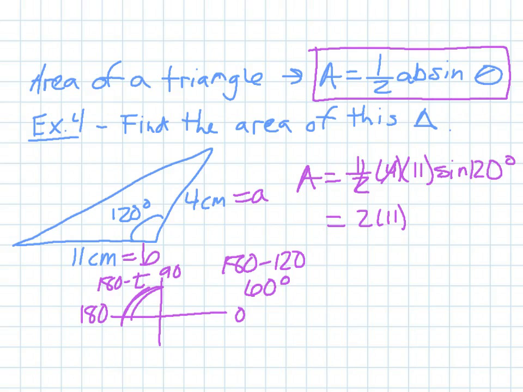So then sine of 120 is the same thing as sine of 60, and because they are both above the x-axis, that means that they're both positive, so you don't have to tack on a negative sign to the sine of 60 to keep it the same. So now sine of 60, we know that to be square root of 3 over 2, and 2 times 11 is 22.